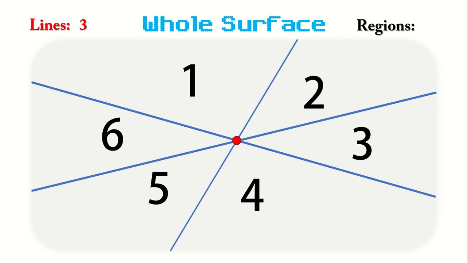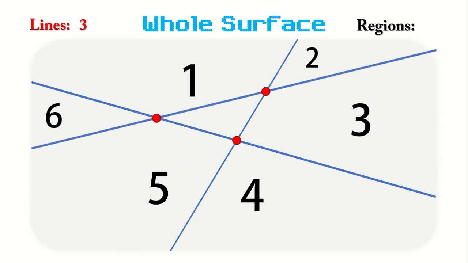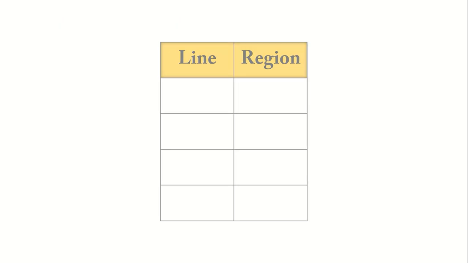But if I don't pass it through the intersect point, we can get a maximum of 7 regions. So it's better to pass it through a point that's not the intersect of two lines. We can understand that it is better to pass each line through a non-intersect point and non-parallel to each line on the page. So we can write all the information inside a table.